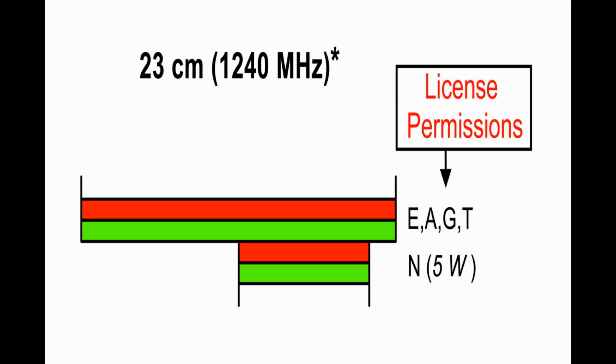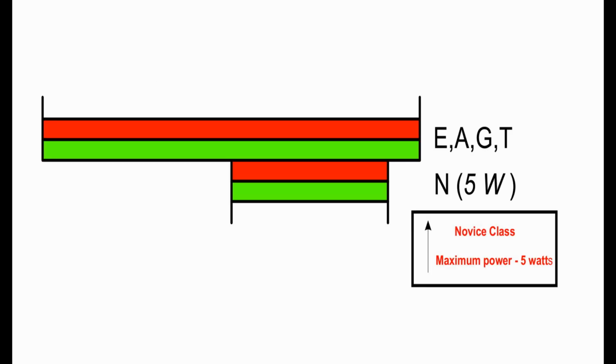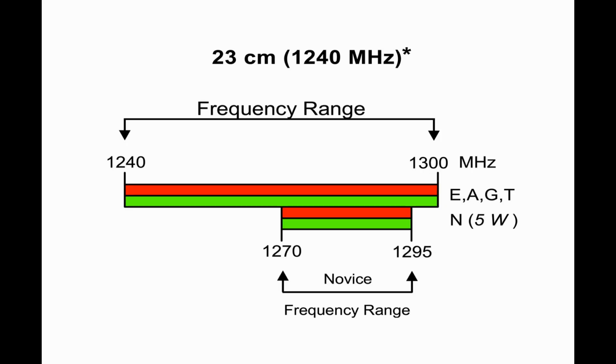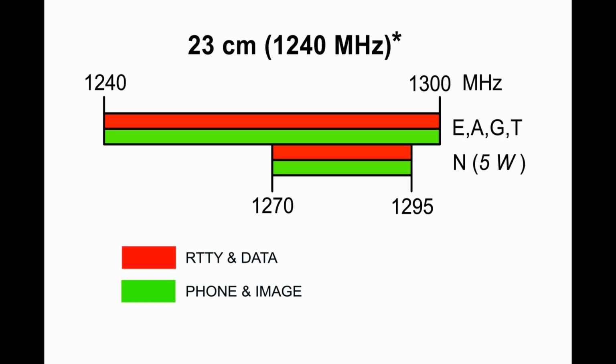The T is for the technician license class. Whenever a T is present, the technician licensed operator can operate there. Looking at the scale, you will see a frequency range. The 23 centimeter frequency band allows amateur radio use from 1240 to 1300 megahertz. Each frequency band has the frequency range listed.